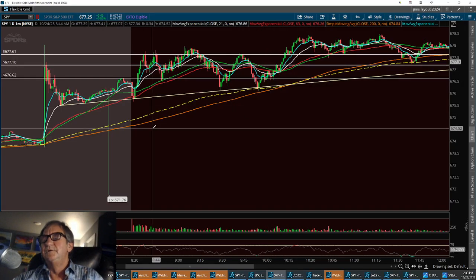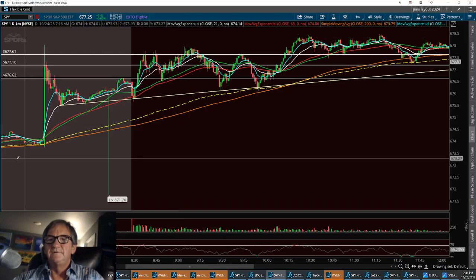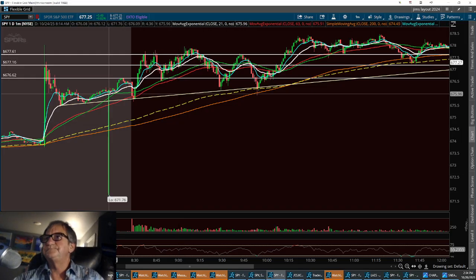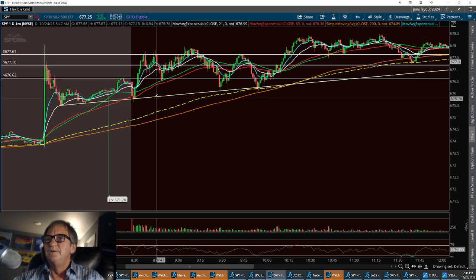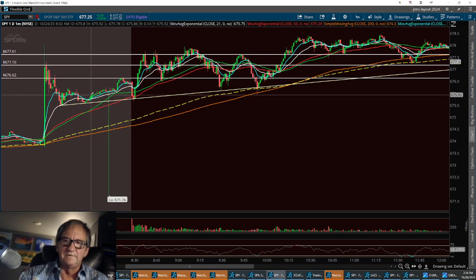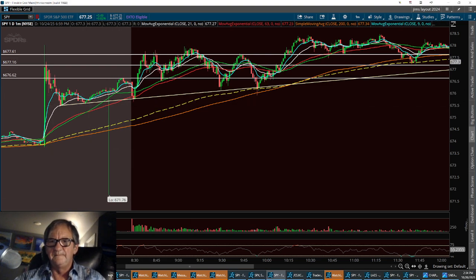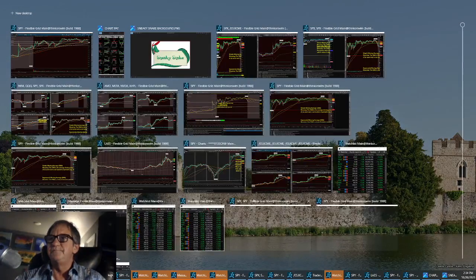So chart patterns, moving averages, and being in the now. And when I'm coming in and I'm looking for a trade, this is going to be my setup. We'll get that set up here real fast.